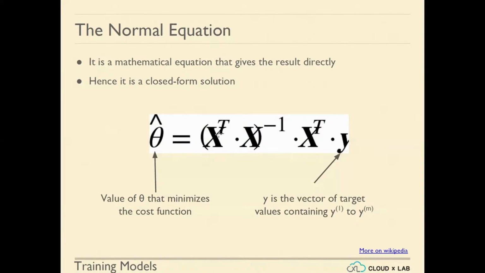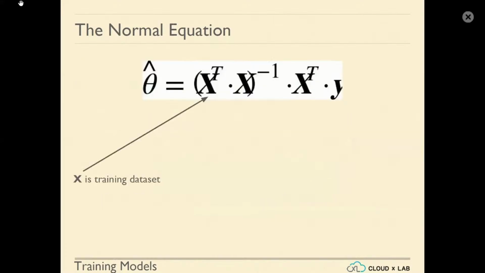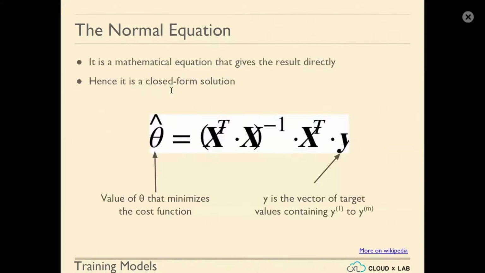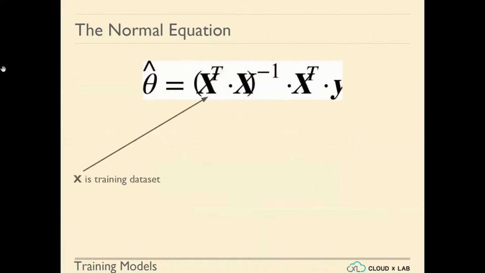So for example, let's say you are having three features in your data: x1, x2, x3. Now, can you tell me the size of X transpose X? The size of X transpose X will be 4 cross 4, 3 plus 1 cross 3 plus 1.